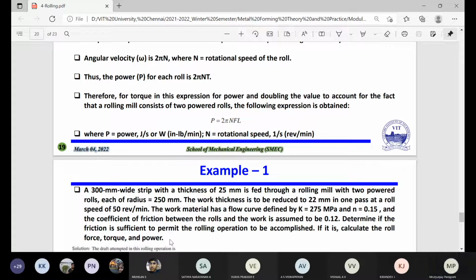So please do. At least you can write what are the given values. Have you written all the formulas? Yes, sir.